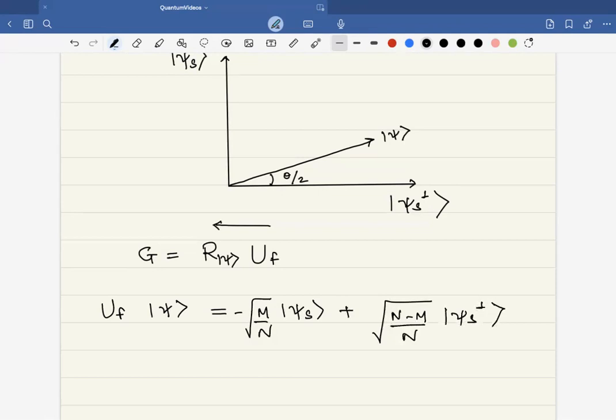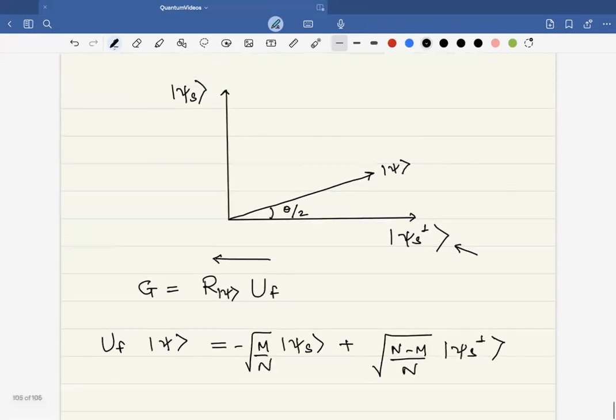So what U of f does is that the component of psi in the direction of psi s perp remains the same, whereas the component of psi in the direction of psi s gets a negative sign. So that means that it actually is reflecting about the vector psi s perp, right?